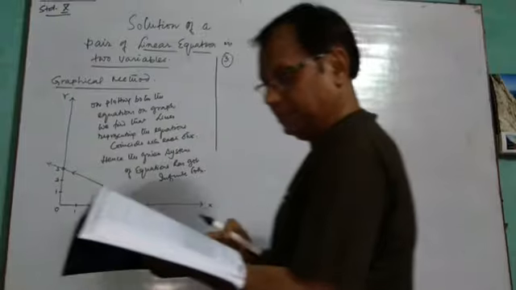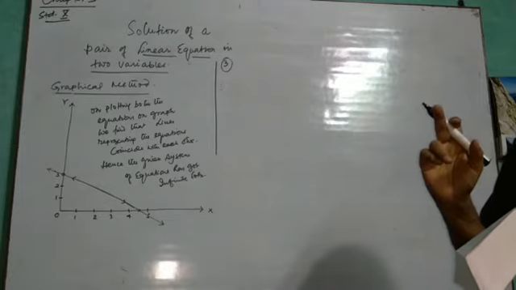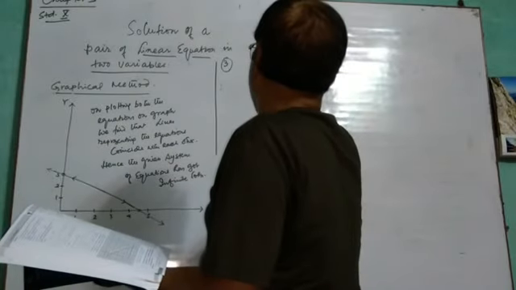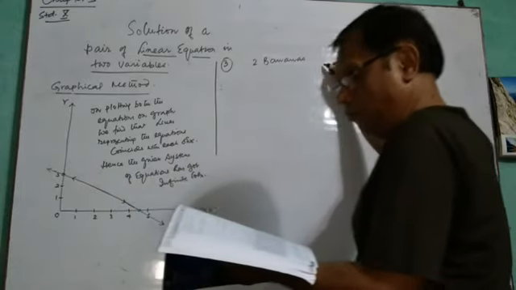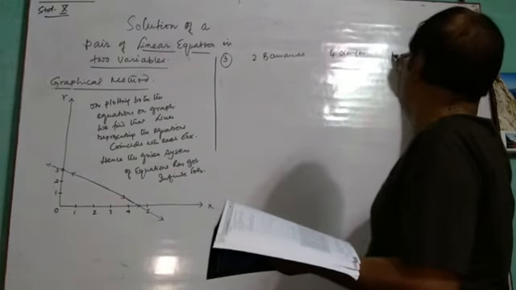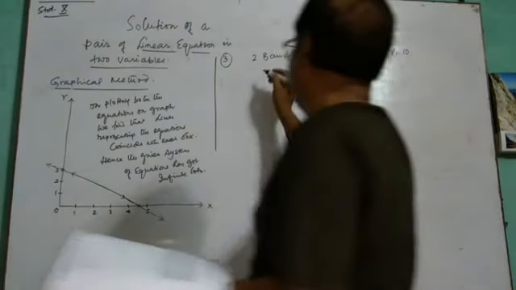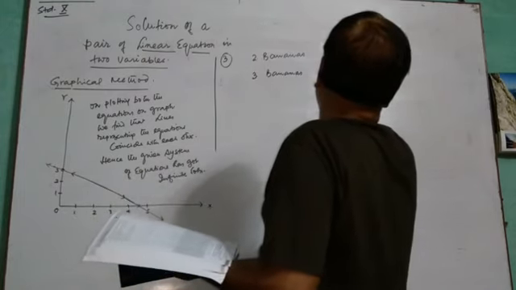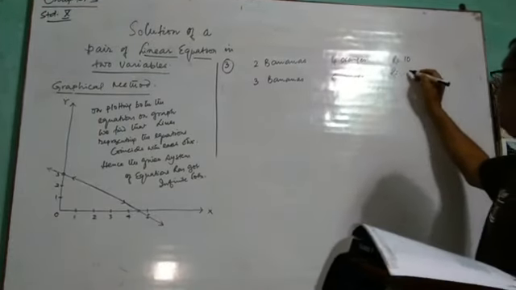Question 3 of the same exercise. The cost of 2 bananas and 4 oranges is rupees 10. And the cost of 3 bananas and 6 oranges is rupees 12.